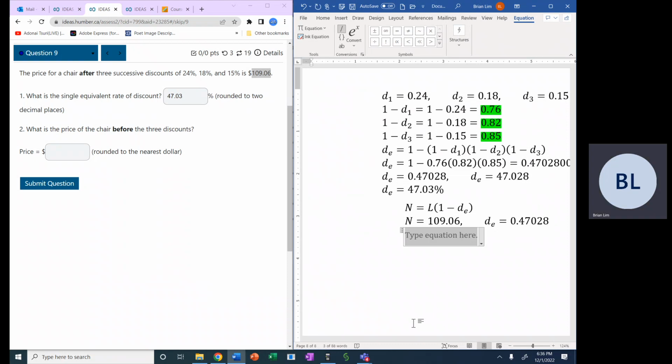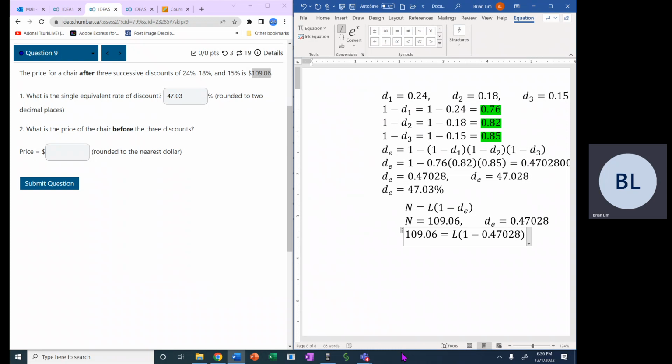Now we insert that into the equation. 109.06 is equal to the list price times 1 minus 0.47028.